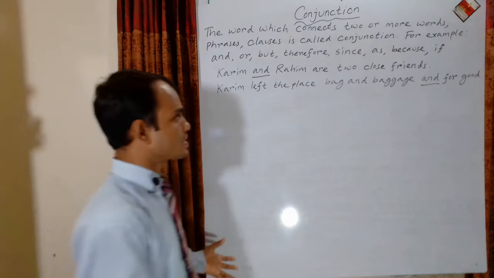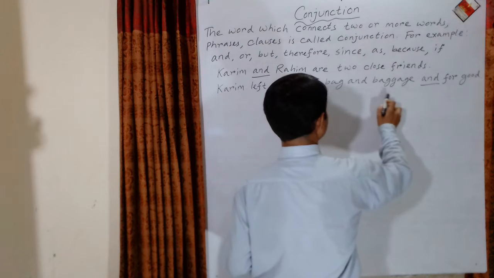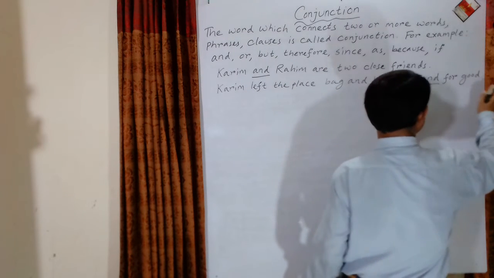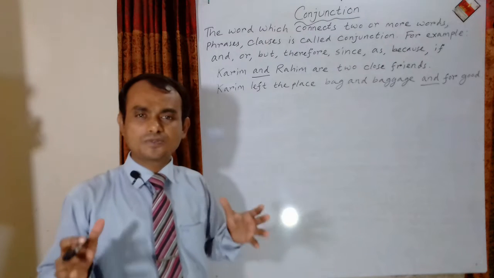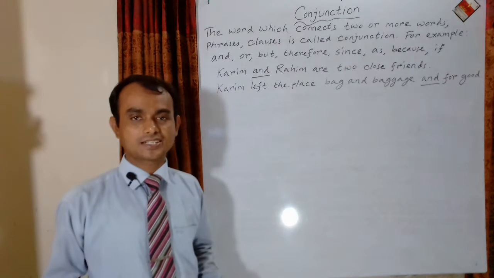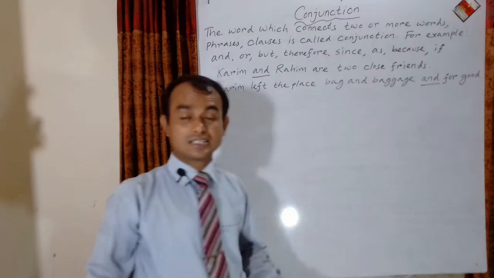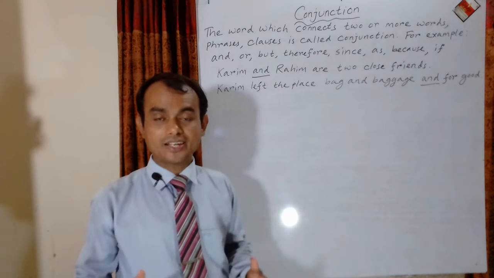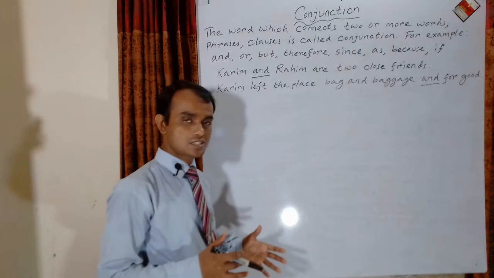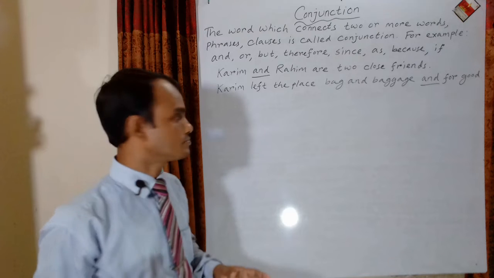Look at the sentence. I have used a phrase called bag and baggage. I have also used another phrase, for good. There are two phrases here, and these two phrases have been connected with the word and. This word and is a conjunction. This conjunction has connected two phrases.